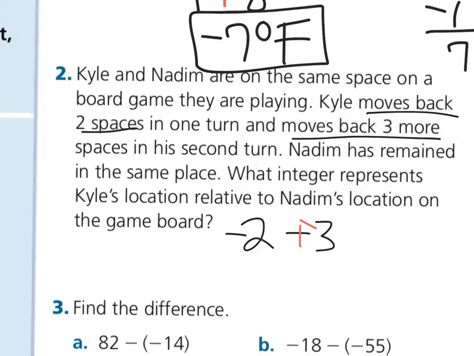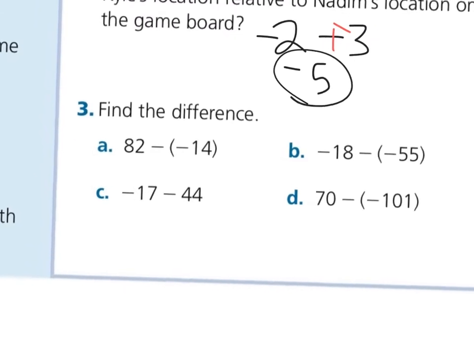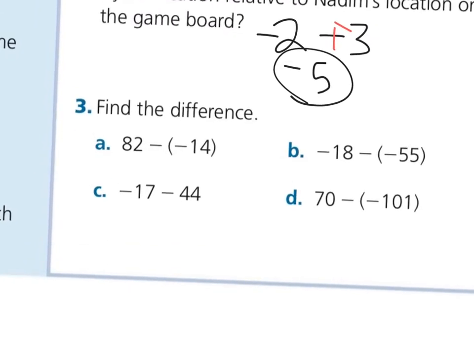We're on the same page now, negative 2 plus negative 3, which would be negative 5. So negative 5. Nadim maybe lost a turn, which maybe is better off in this case because Kyle had to keep moving backwards. So, all right, and then we'll look at a couple problems here on number 3.